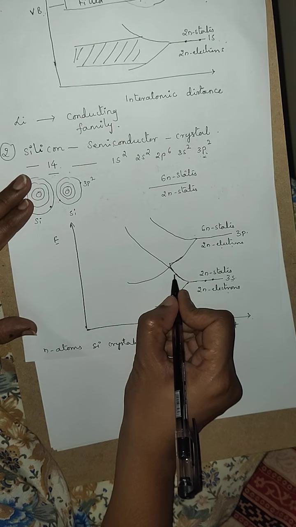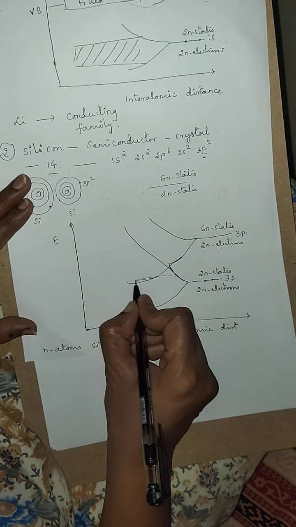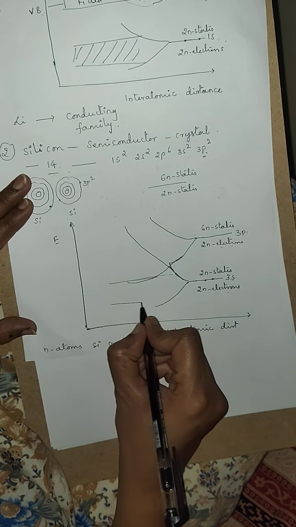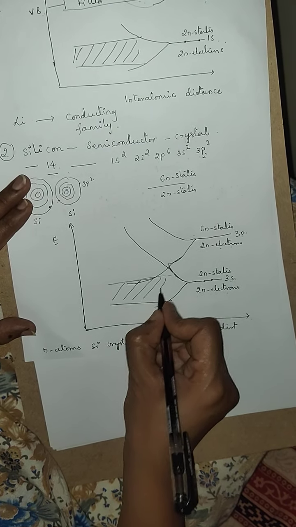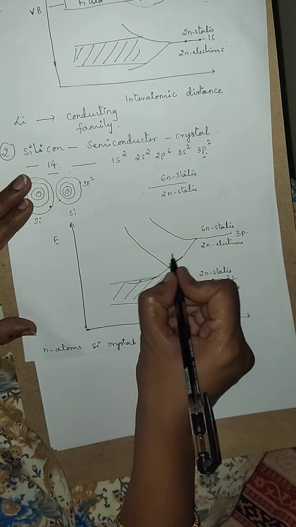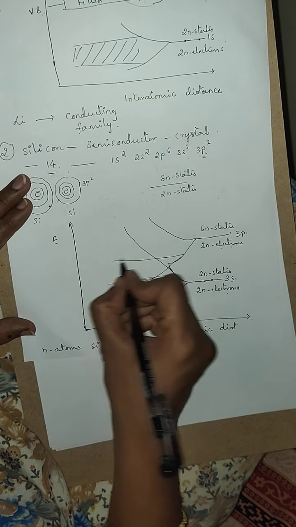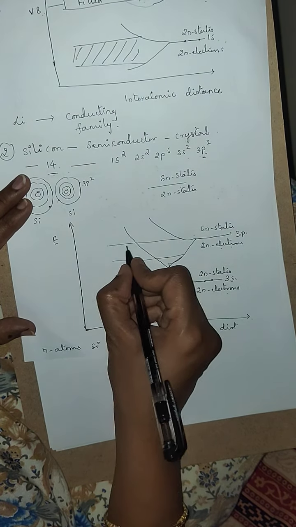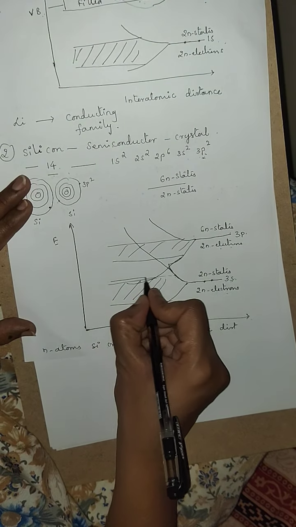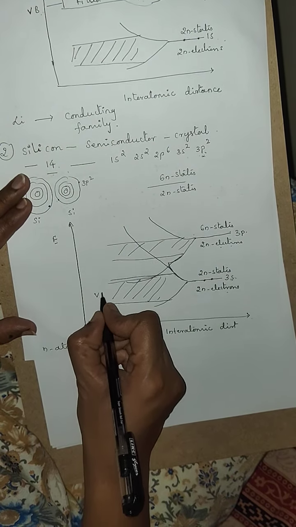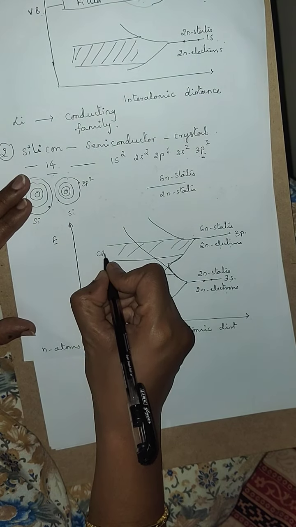So if I draw the energy states here, these are the energy states formed in the case of the 3s level, which is completely filled, and the 3p level, which is partly filled. It is going to be here. So this acts as the valence band, and this acts as the conduction band.